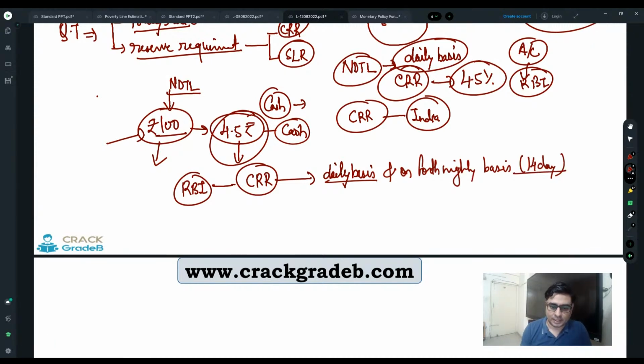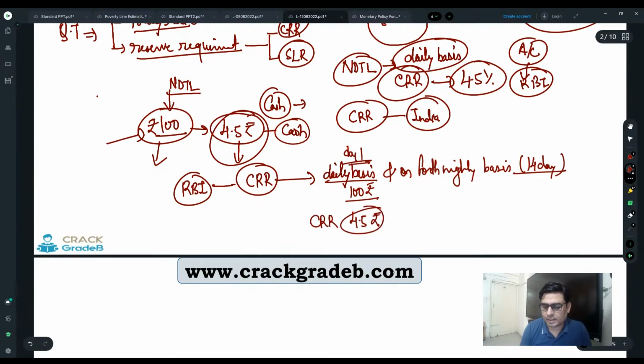Now, what does that mean? Suppose on day one the bank's deposit is 100 rupees and the bank has to maintain 4.5 rupees as CRR.